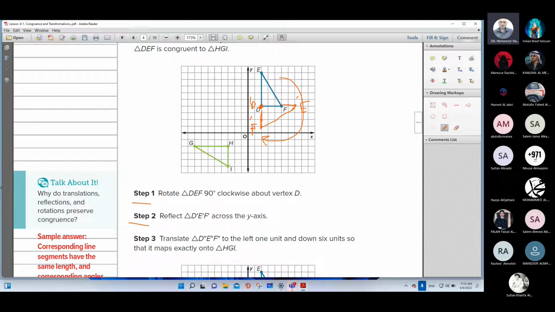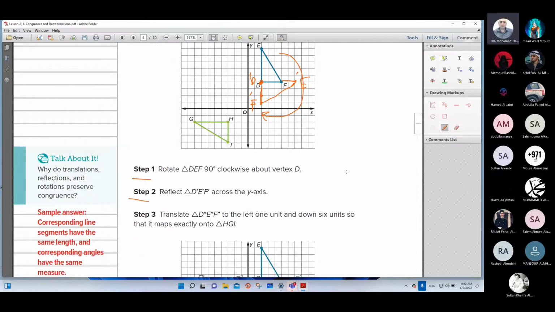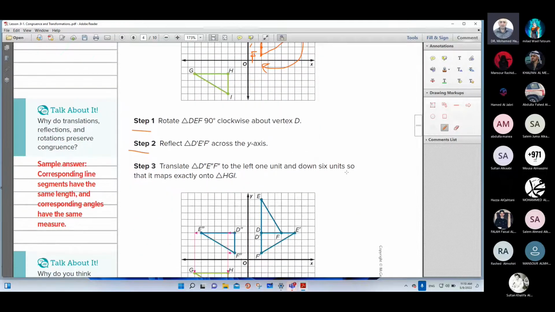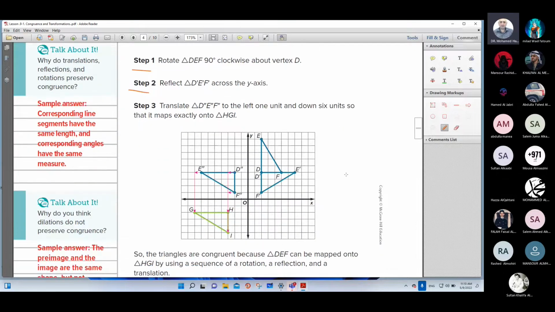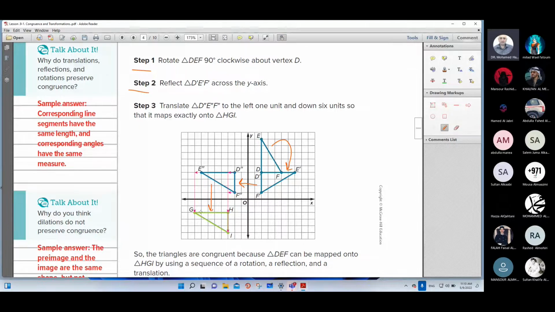We will get this triangle. So as you see, from this triangle to this triangle we have rotation. From this triangle to this triangle we have reflection. Then from this triangle to this triangle we have translation.